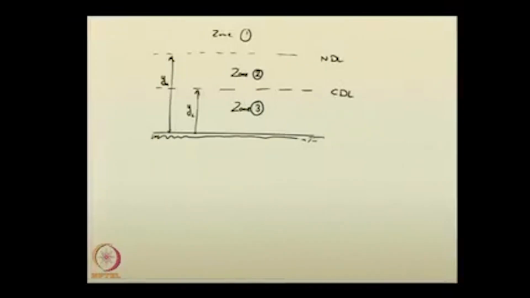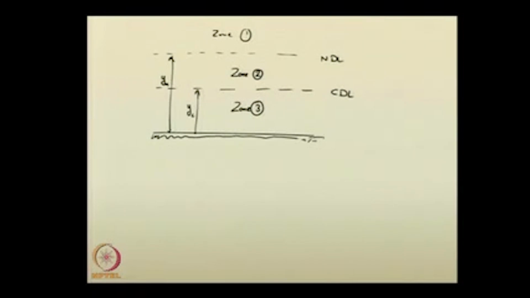If it is a supercritical flow, you know that the critical depth line is above the normal depth line. Therefore, whichever region is above the upper line is considered zone 1. Zone 2 is the region between the normal depth line and critical depth line. Zone 3 is the region between the bed and the lower line. Like that you can easily identify 3 zones.